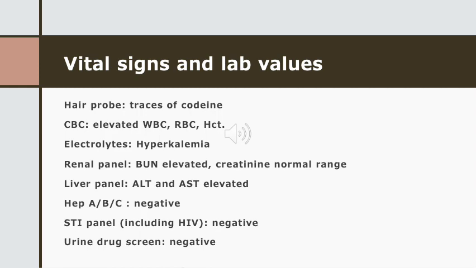Hair probe traces of codeine, CBC, elevated WBCs, RBCs, and hematocrit. Electrolytes, hyperkalemia, renal panel BUN elevated, creatinine normal range, liver panel ALT and AST elevated, hepatitis screening A, B, and C negative, STI including HIV negative, and urine drug screening negative.